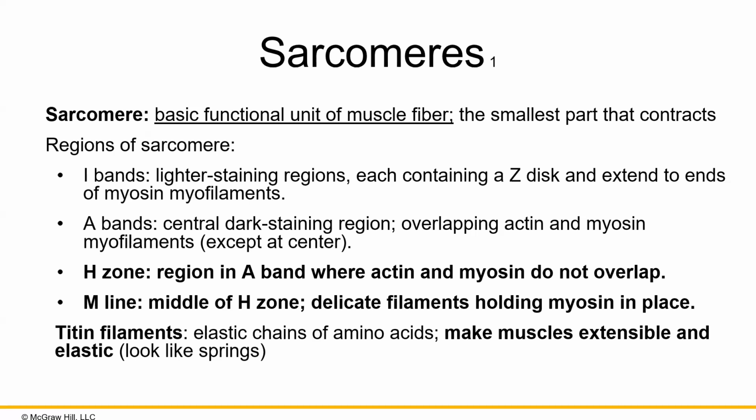It allows them to stretch past their normal length and still function. And it also helps with elasticity, meaning it helps the muscle return and maintain its resting length even after being stretched. And they actually look like springs, no surprise. Think of how a spring functions. So it's built just like the job it has to do. Structure always follows function.